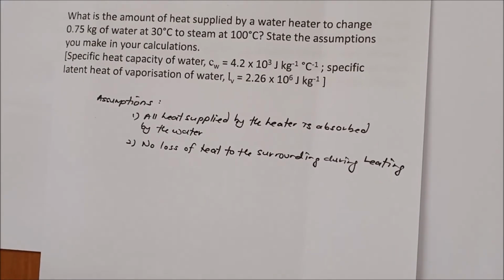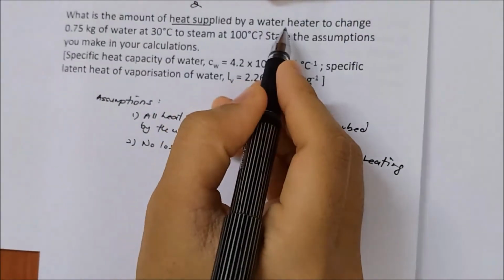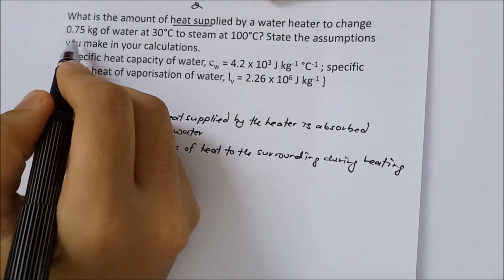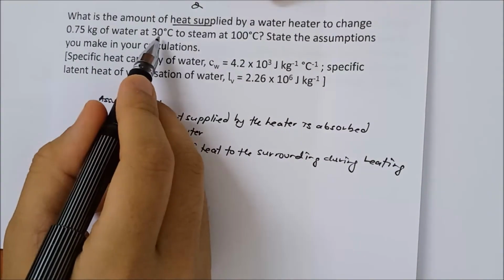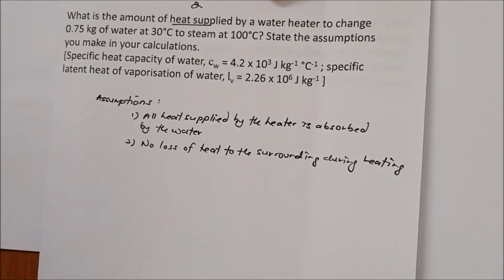Alright, next. What is the amount of heat supplied? We want to find Q by a water heater to change 0.75 kg of water at 30 degrees Celsius to steam at 100 degrees Celsius. So I suggest you draw the diagram.